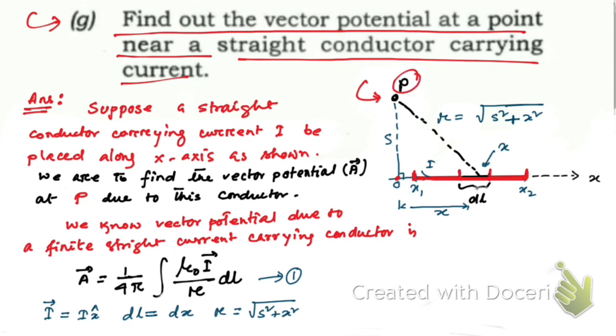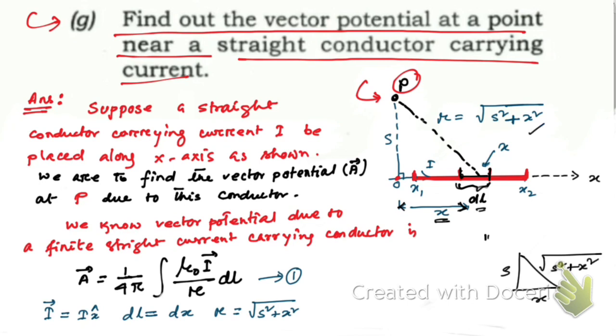I have assumed a very small current element dl, right? And this is a very small current element, so you can consider it as a point. So up to that point we have taken the distance from the origin to that point as x. So this is x, this is s, so if you use the Pythagoras theorem, that's going to be s square plus x square, right?